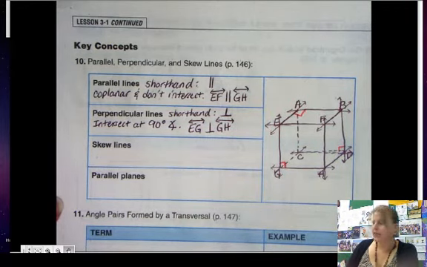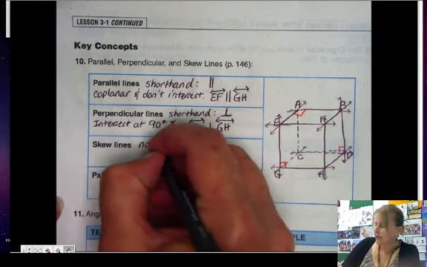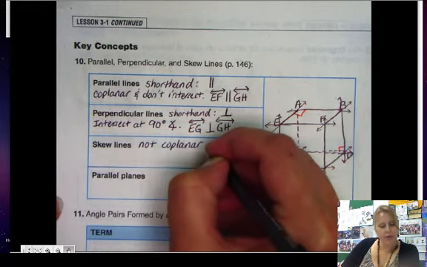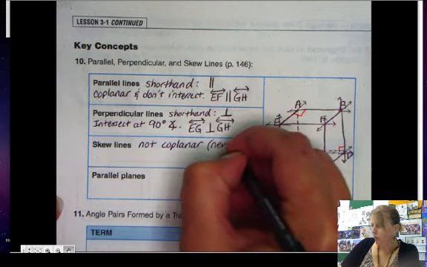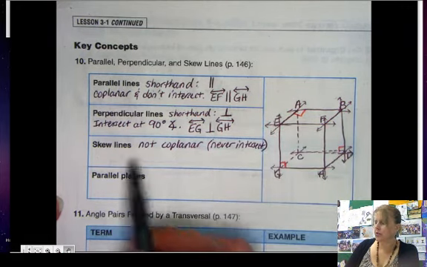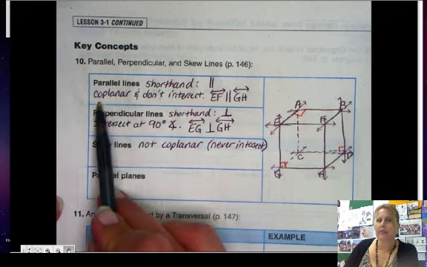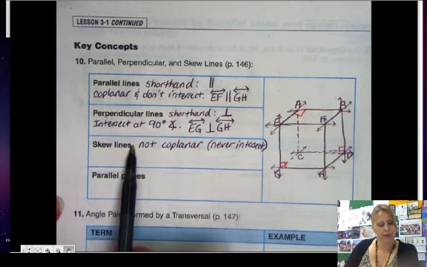Skew lines: there is no shorthand for skew lines. Skew lines are not coplanar, and therefore they never intersect. Some students get skew and parallel lines mixed up. Remember, parallel lines have to be coplanar, but skew lines are not coplanar.